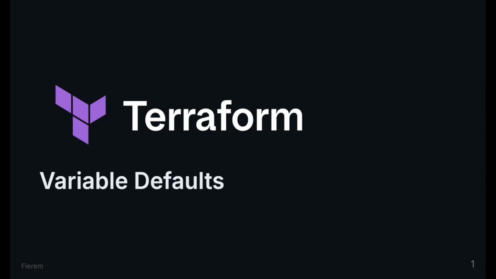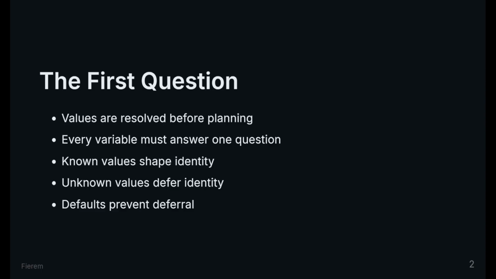Today we talk about variable defaults, not how to set them, not how to pass them, but what they mean to Terraform. Defaults are not convenience, they are identity decisions. Before Terraform plans resources, it resolves values.